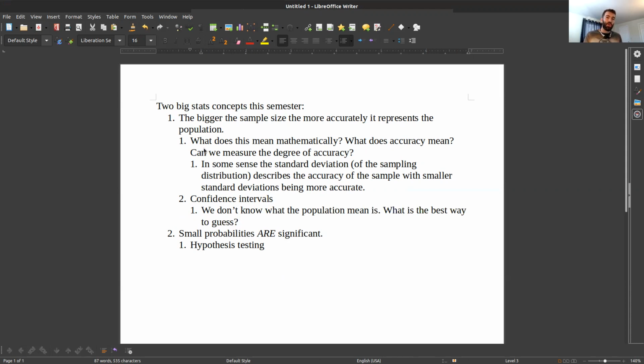So what do we want to do? We want to take as big of a sample as we can. Sometimes we have to specify within a certain degree of error. Or sometimes we just take the samples that are available or samples we're capable of handling. And within that sample, well, now we want to be able to describe from our results, where should the population mean lie and how accurate?